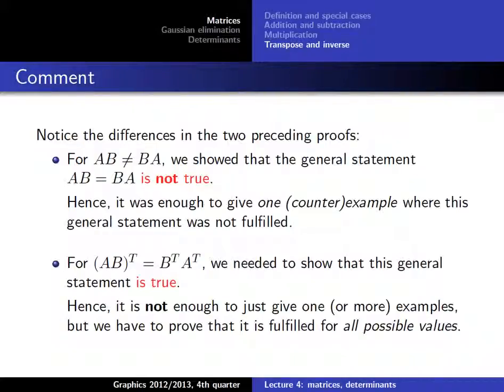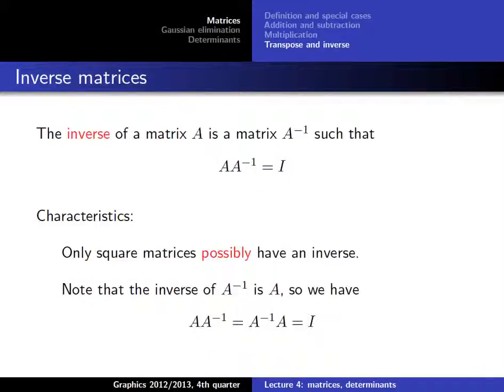I'm highlighting this so often because I so often see it in exams that people just bring a few examples to show a general case, and this is something where you cannot get any credit. So be careful with that, and read carefully: what do I have to prove, and what is the appropriate way to prove it? Good.